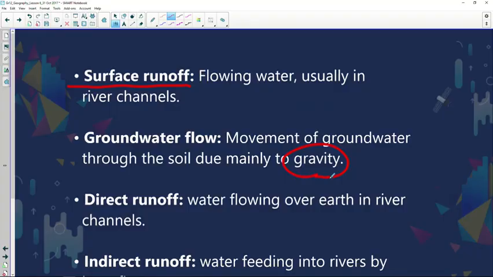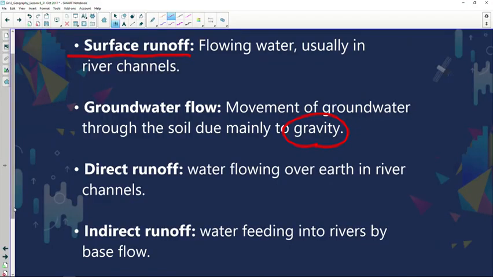Now keep in mind there are factors that play a vital role in determining if the water is going to be on top of the surface or if it is going to infiltrate below the surface.